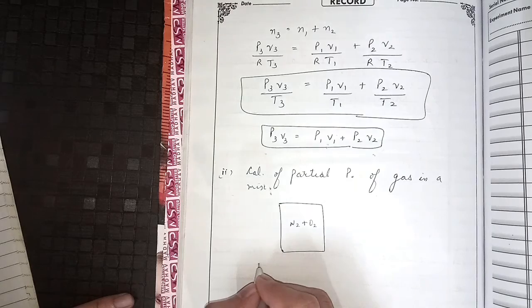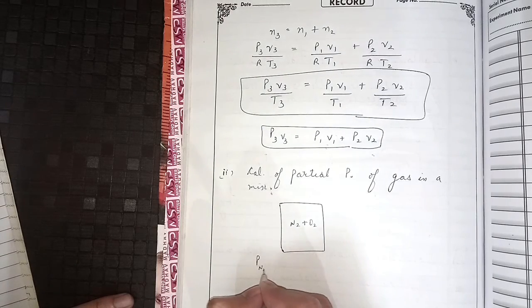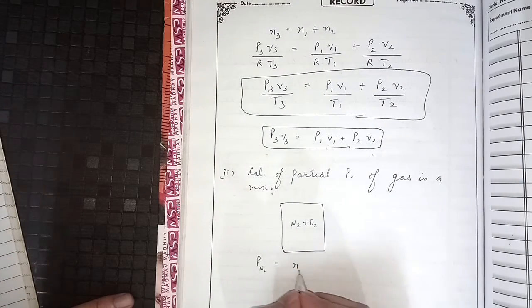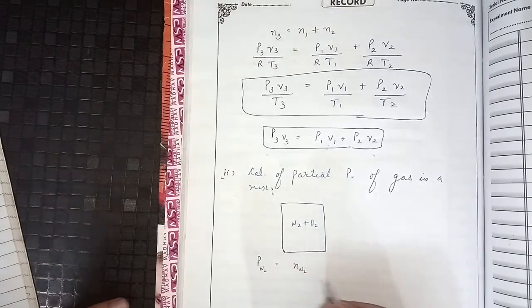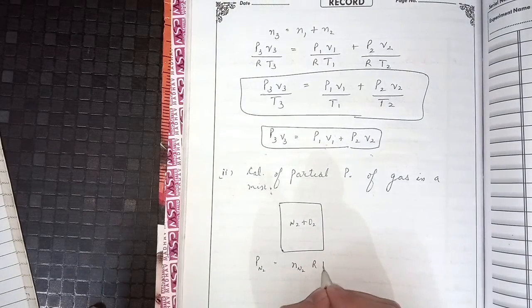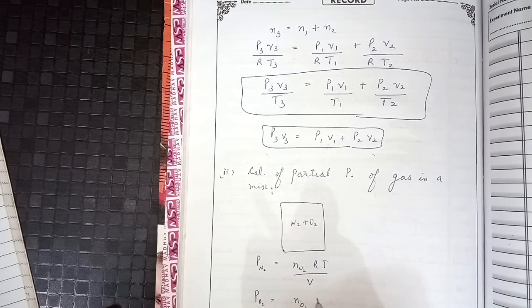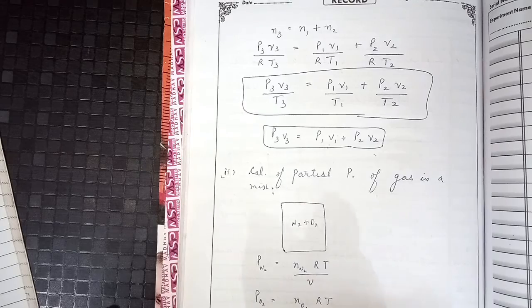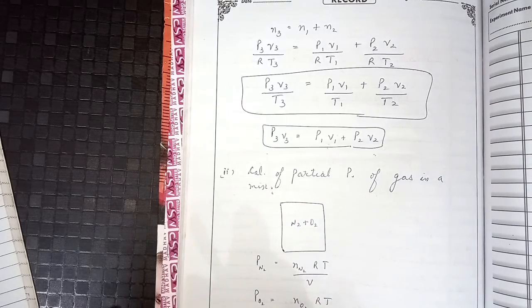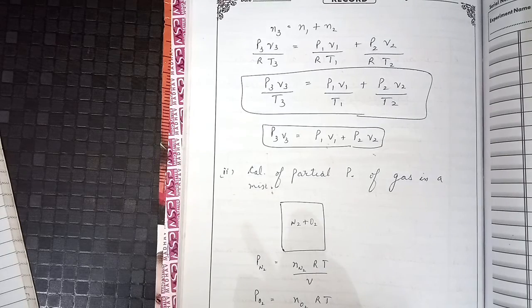So we will write the pressure of nitrogen as the number of moles of nitrogen, let it be N2, R T over V, and for oxygen PO2 equals NO2 R T over V, and the P total is equal to N total.